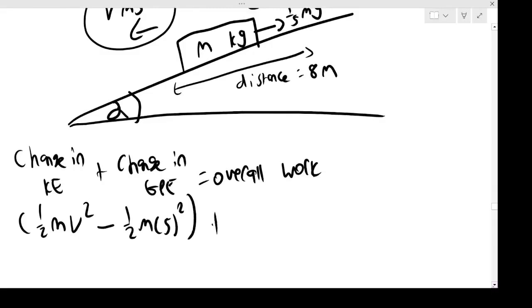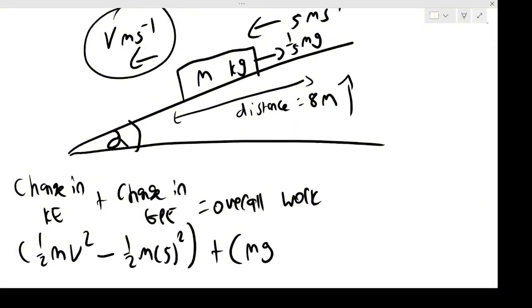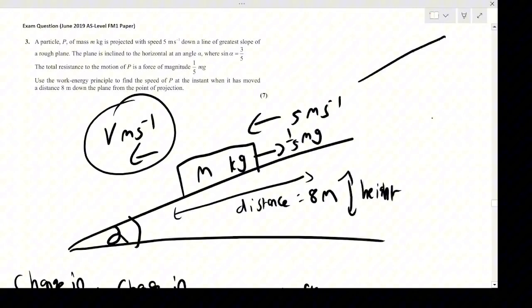Then the change in GPE. That's mgh, so it's going to be mg times h, the vertical height here. So again, if I do a little triangle to work that out, I know my distance is 8 meters on the slope. I want this height h here, the angle's alpha.